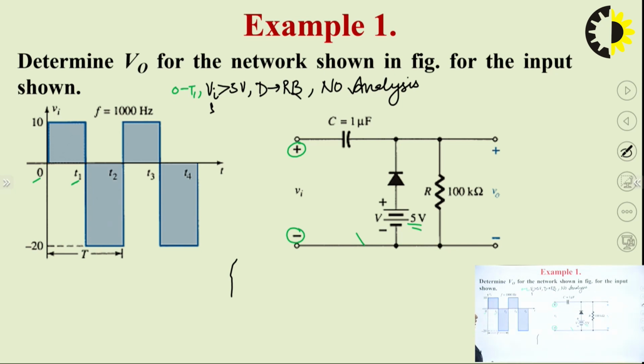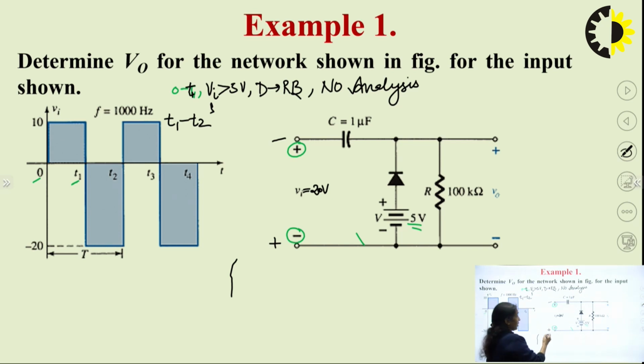Now coming to the next half cycle. So during the time period T1 to T2, we are applying minus 20 volts. So Vi is equal to 20 volt, and this is minus and this is plus.